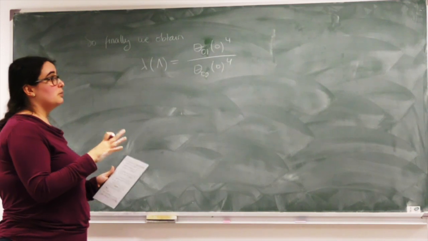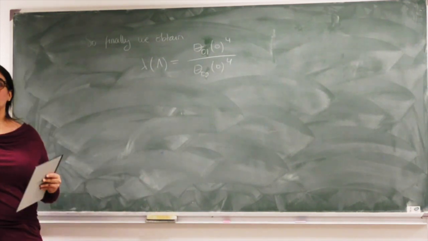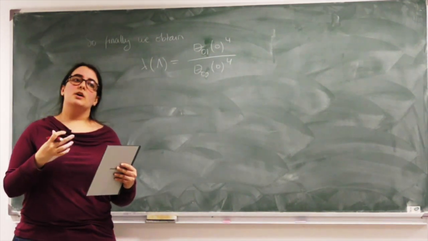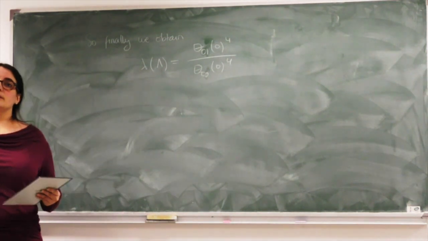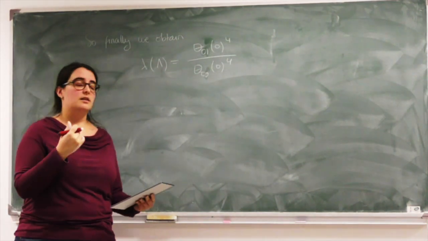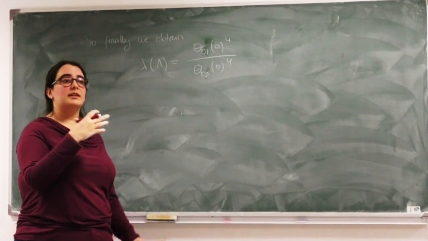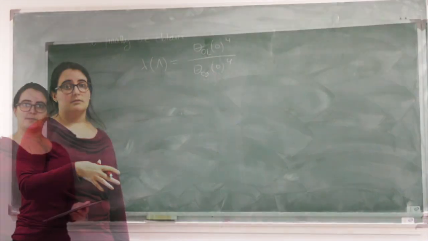And this is what we will use in the next session to actually be able to construct lattices that give us complex torus with interesting properties, and then obtain the elliptic curve associated to such lattice.